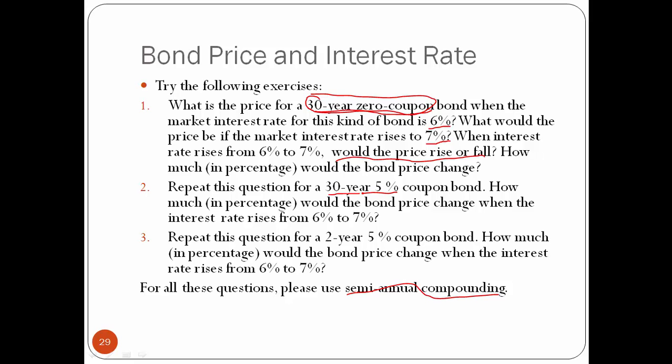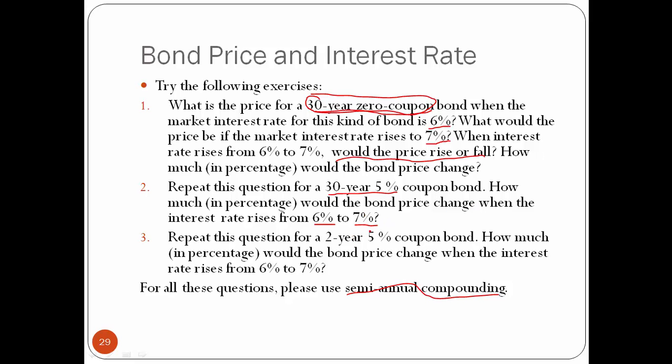And once you work on this question, you find the price for this 30-year 5% coupon bond when the interest rate is 6%, and then you change the interest rate from 6% to 7% and find the new price. And again, you compare the two prices and see whether the price goes up or down, and if it does, how much is the percentage change.